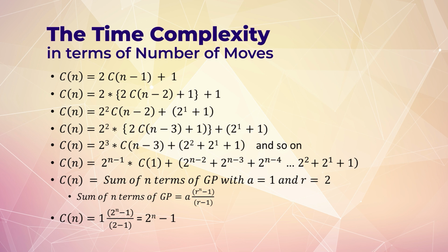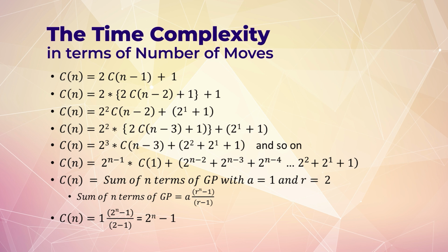So towards the end, what you get is 2 to the power n minus 1 into C1 plus 2 to the power n minus 2. As you keep on doing this, you will get the termination condition as Cn equals 2 to the power n minus 1 multiplied by C1 plus the terms in parenthesis, 2 to the power n minus 2 plus 2 to the power n minus 3 plus 2 to the power n minus 4 and so on.